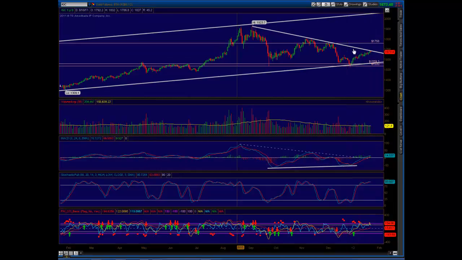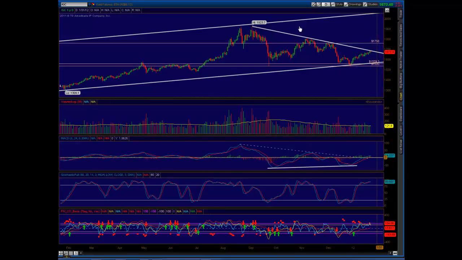On this downtrend line right here for the moving averages, you can see for the MACD that not only have the moving averages broken this dotted downtrend line, but it has also gone above the zero line for the MACD.